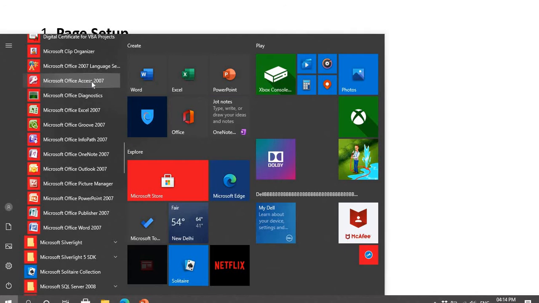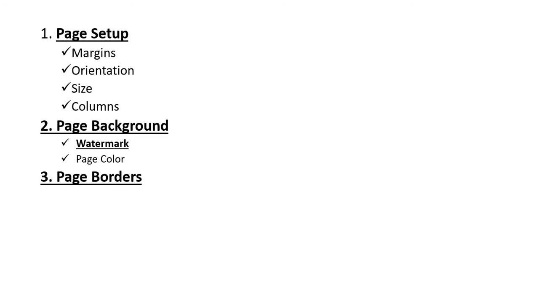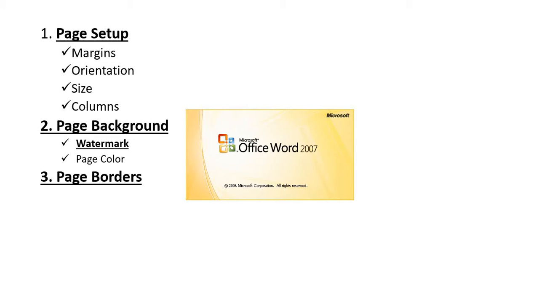We use Microsoft Word. And then Microsoft Office OneNote 2007. Here since we are studying Microsoft Office Word, we will click on Microsoft Office Word 2007. Okay, we'll wait till it opens.